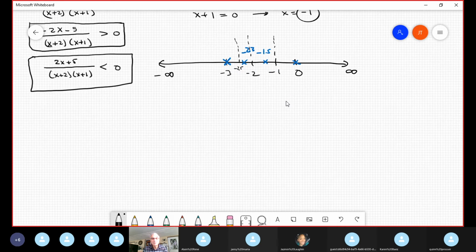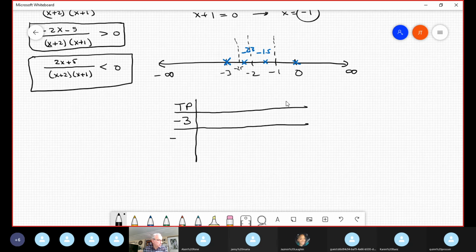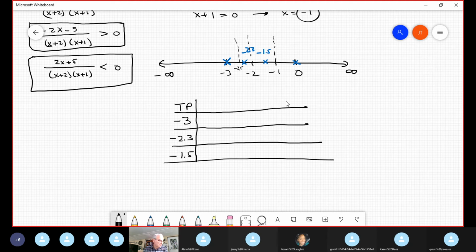Okay, TP. I organize my table like that. I have minus 3. I have minus 2.3. I have minus 1.5. I have 0.